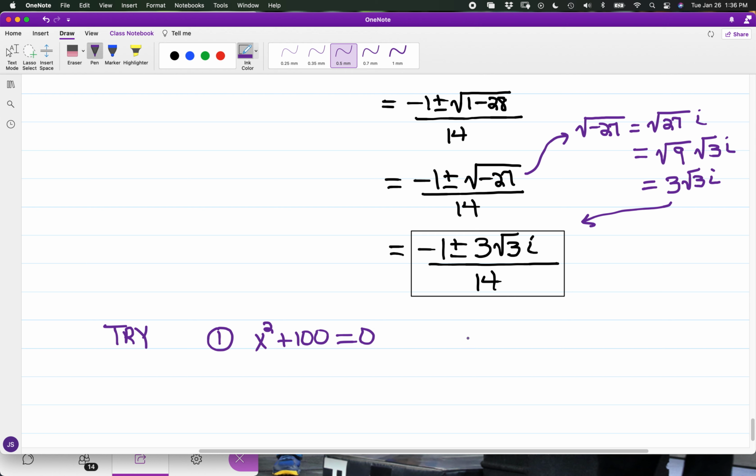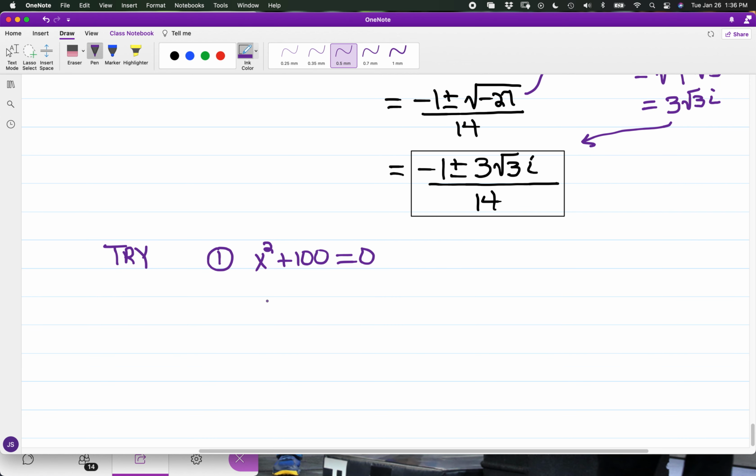And next, let's say we have the square of x minus 17 is equal to 47.